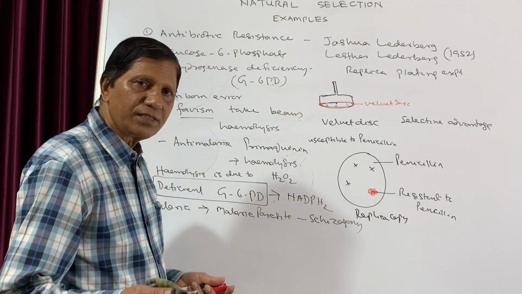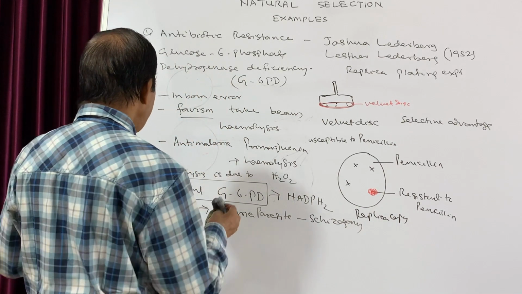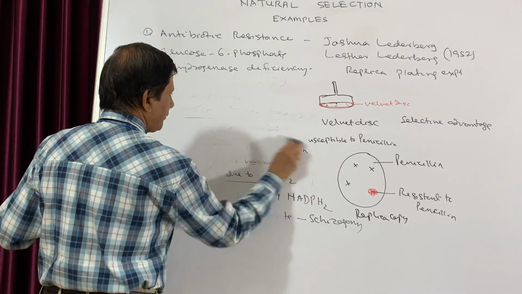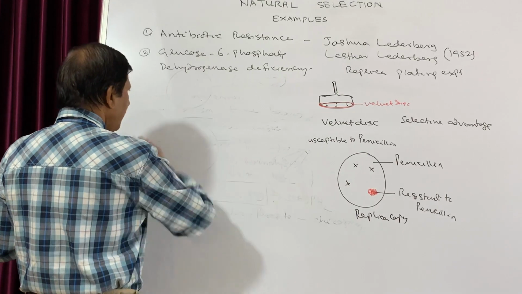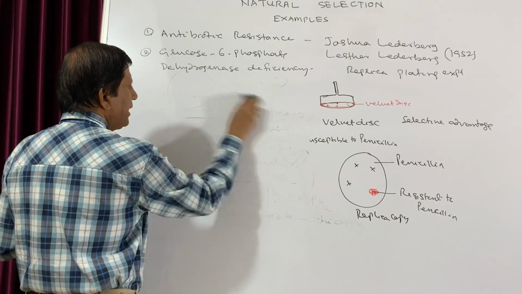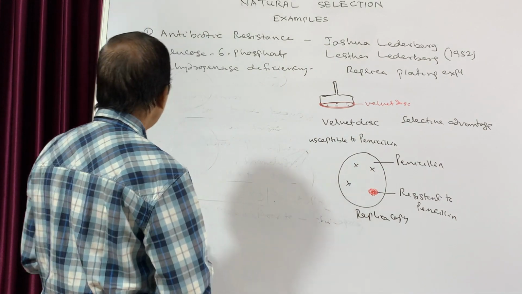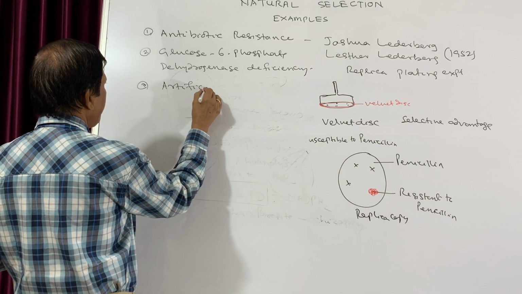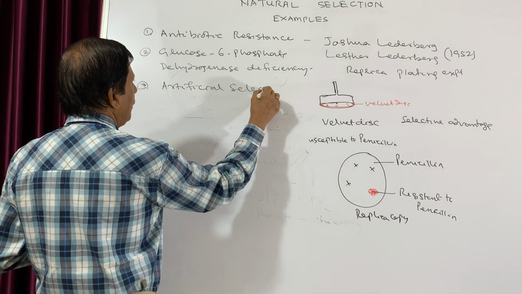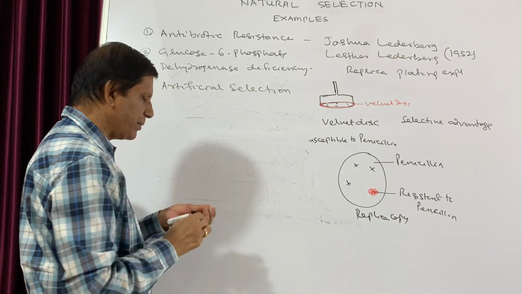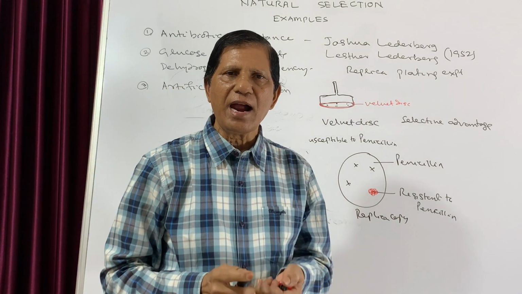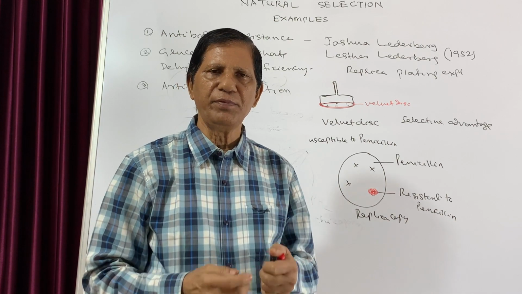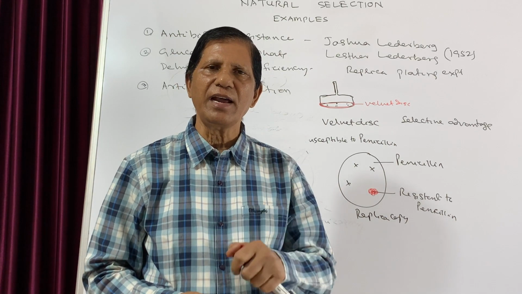Now let us discuss some examples from artificial selection. The third type we will discuss is artificial selection. Always in nature variations exist, and the human being has exploited it for its own benefit, both in case of plants and animals.